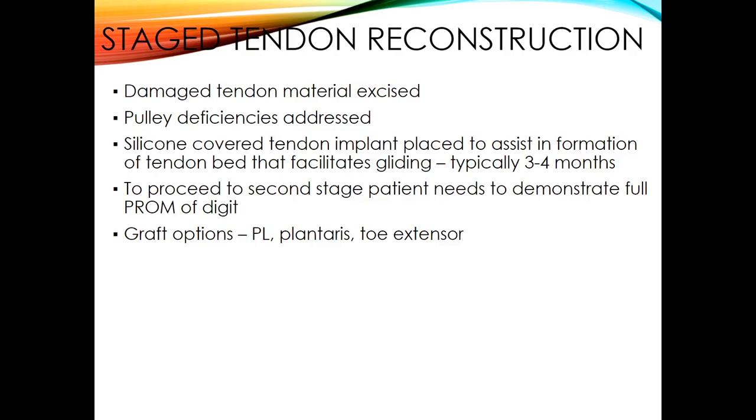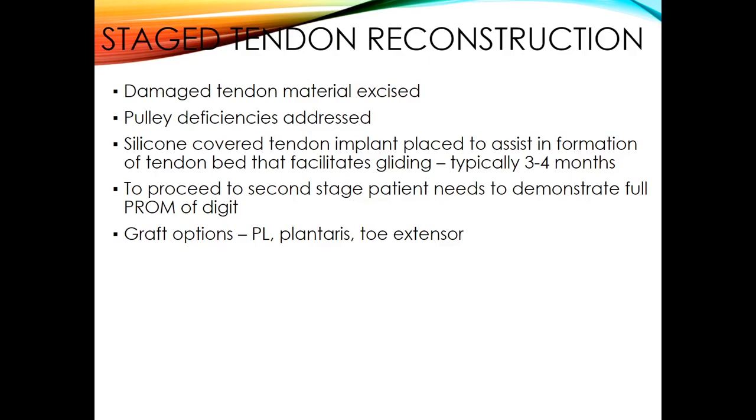This is basically a tendon surrogate that's placed to allow a pseudo sheath, a tendon bed, to form around this silicone implant. And that typically takes 3 to 4 months. And during this time, the patient is still going to therapy to maintain their passive flexion of the digit.